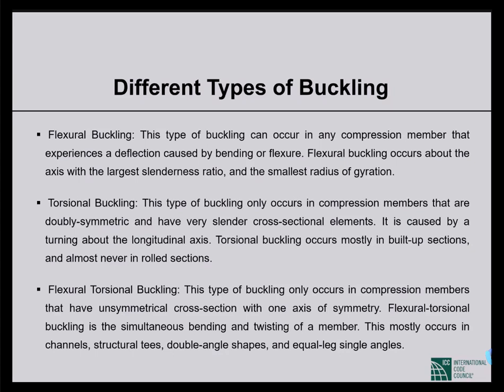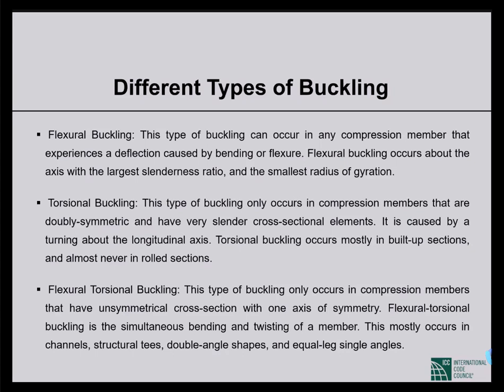Flexural torsional buckling, this type of buckling only occurs in compression members that have unsymmetric cross-section with one axis of symmetry. So in that case, flexural torsional buckling is the simultaneous bending and twisting of a member. This mostly occurs in channels, structural T's, double angle shapes, and equal angle, single angles. Sorry.